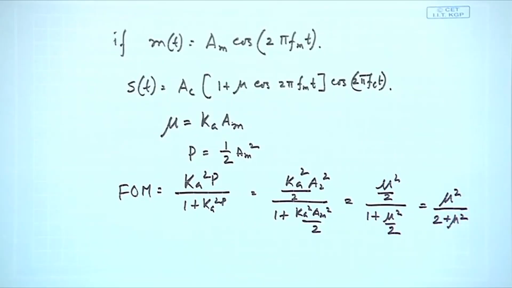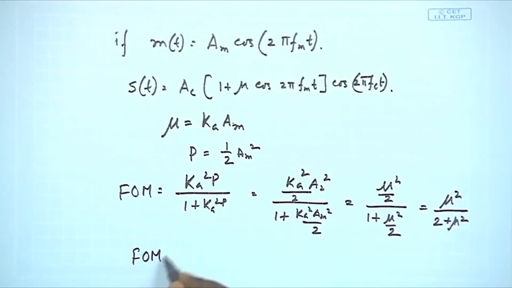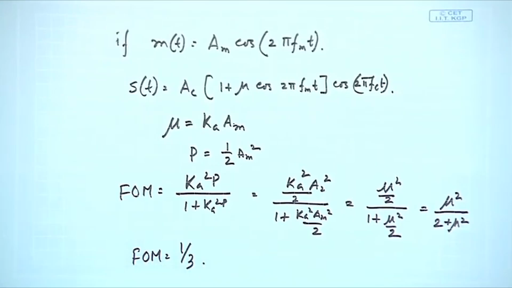What is the highest value of mu that I can take? 1. We have already seen that for proper AM modulation, so that we have enough DC shift and it does not do any zero crossing. So, to do that, so that envelope detection is proper, the maximum mu I can take is 1. So, if I just put that maximum mu, I can immediately get figure of merit to be 1/3.